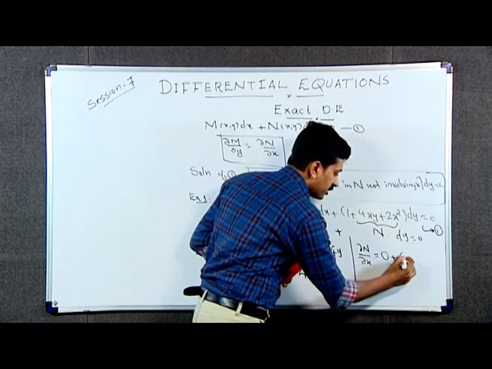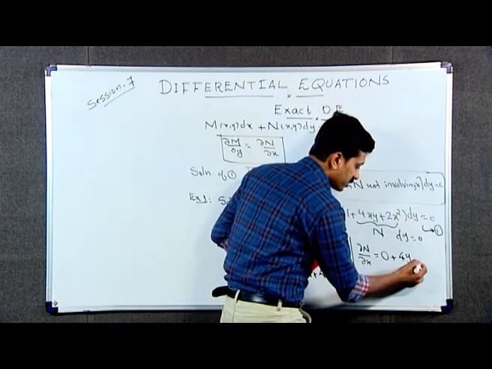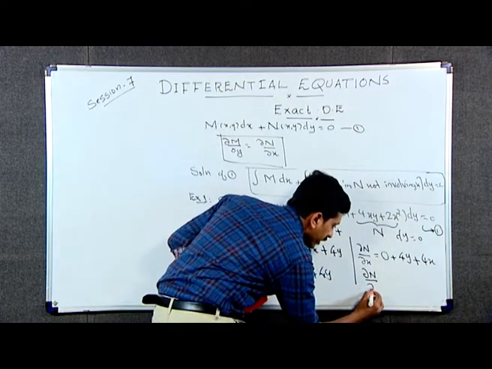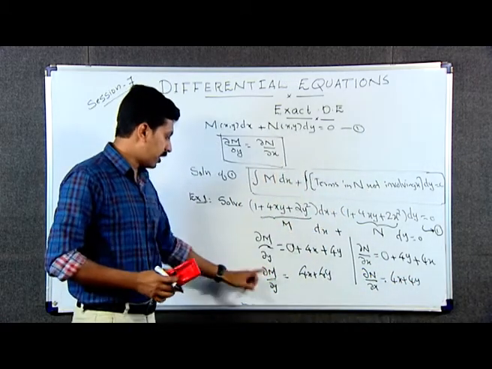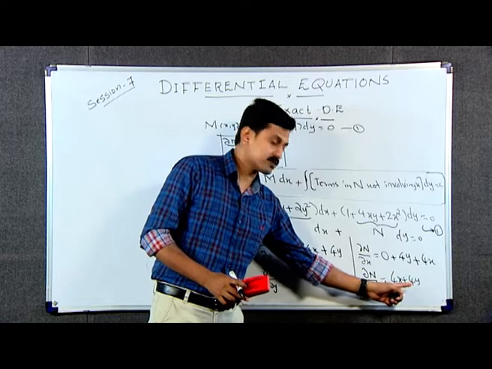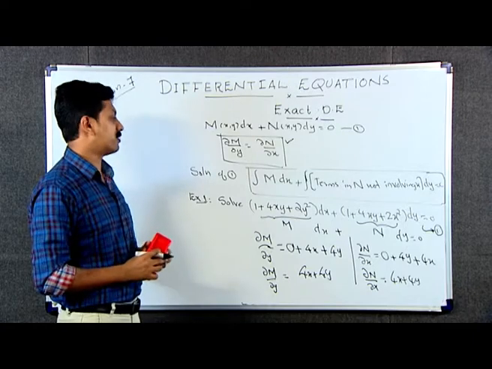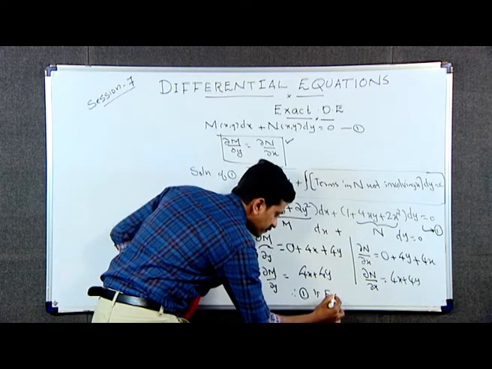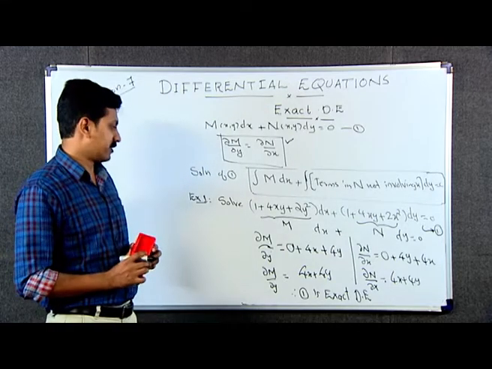Therefore 4y is a constant, the derivative of x is 1, and the derivative of 2x² is 2 into 2x, that is 4x. So ∂N/∂x is equal to 4x + 4y. We see that ∂M/∂y equals 4x + 4y as well as ∂N/∂x equals 4x + 4y, that is ∂M/∂y equals ∂N/∂x. Therefore the given equation 1 is an exact differential equation.